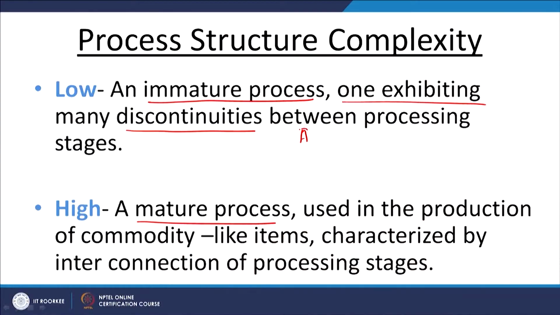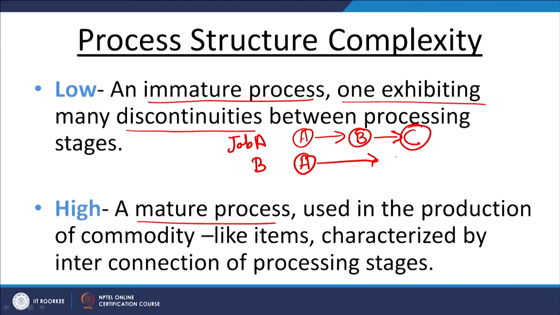For the first job you have a sequence of process A, then process B, then process C. This is the sequence for job A. For job B, it is quite possible that you have a sequence of process A and directly process C. For job C, you have a sequence of operations like B and then another process D. So, there are a lot of discontinuities between processing stages, and therefore these are characterized as low process structure complexity.